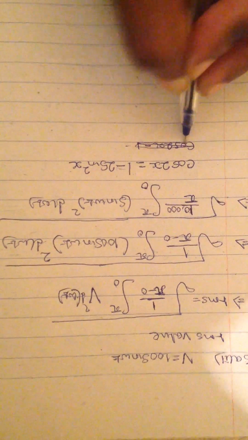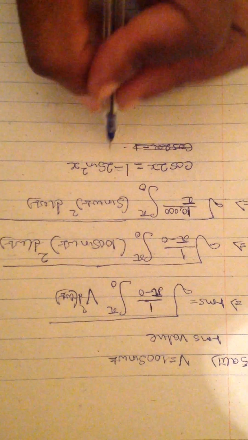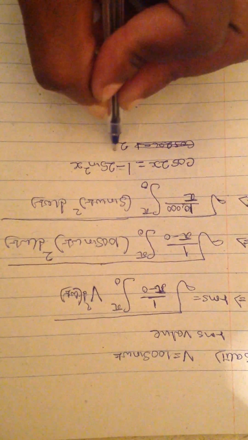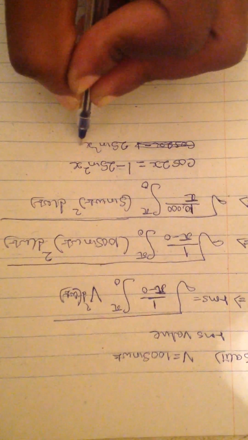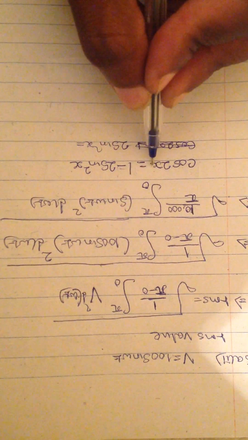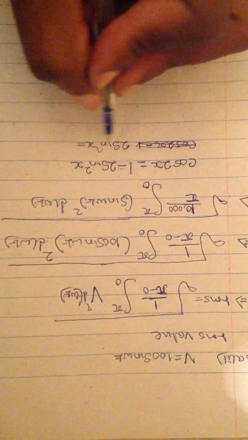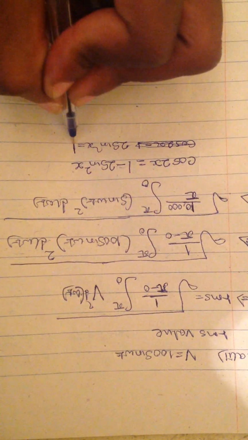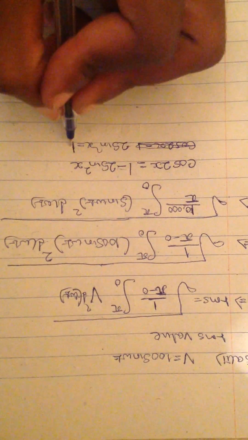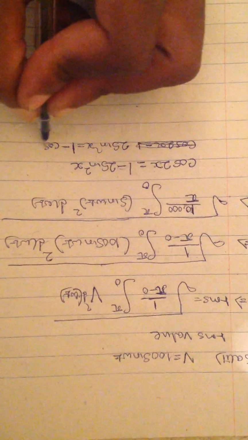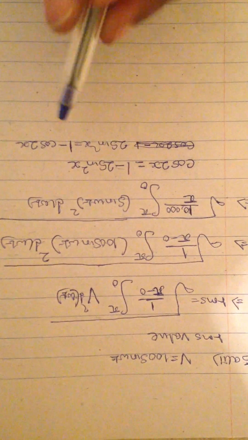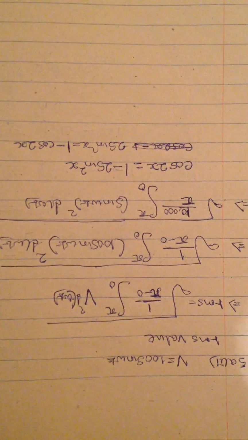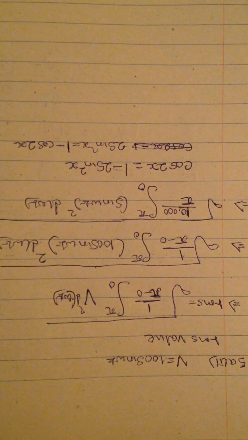So 2 sine squared x is equal to, when this comes this side, the sign is going to change. So it will be equal to 1, then this one, when it comes this side, will be negative cos 2x. Where there is x here, we're going to be substituting with omega t. Okay, so you have something like this.